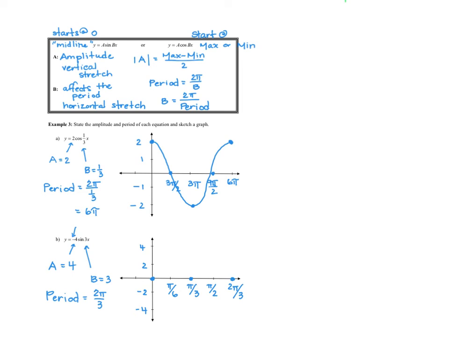And I know somewhere in between those values of 0, I go to a max or a min. Well, because my max and my min are now with an amplitude of 4, but the sine curve is flipped, then halfway in between, I'm going to go down to -4, and halfway in between here, I'm going to go up to +4. And now I'll see my sine curve looks something like that.